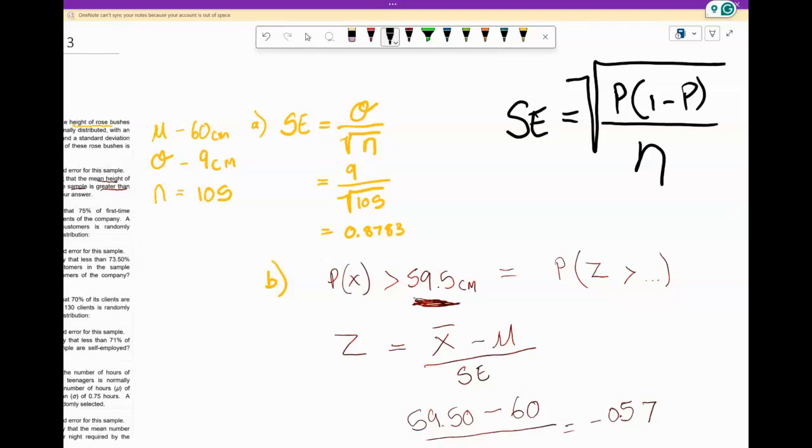So here we have SE is equal to the standard deviation divided by the square root of N. Then here, we're going to do this in a different color.